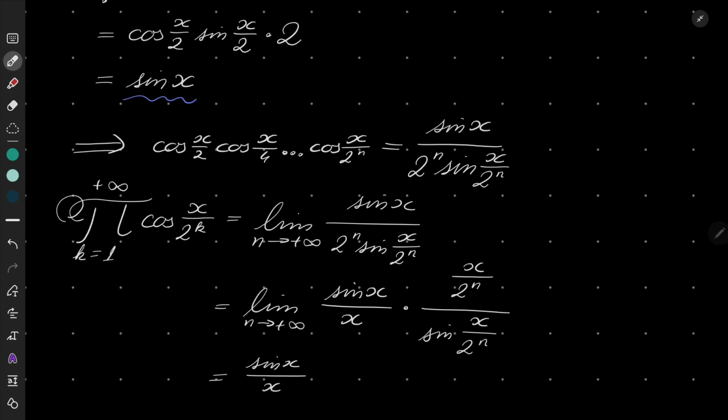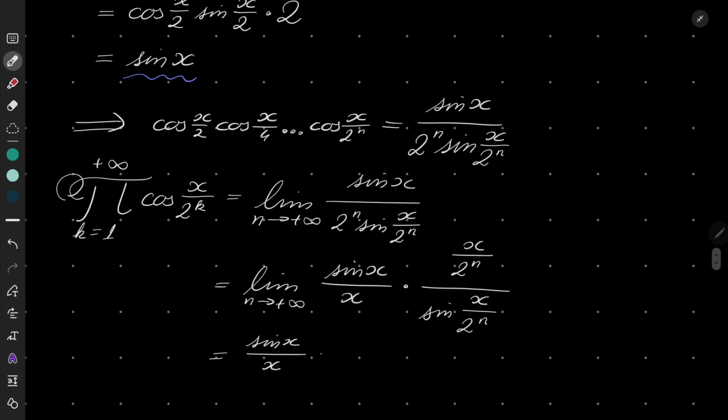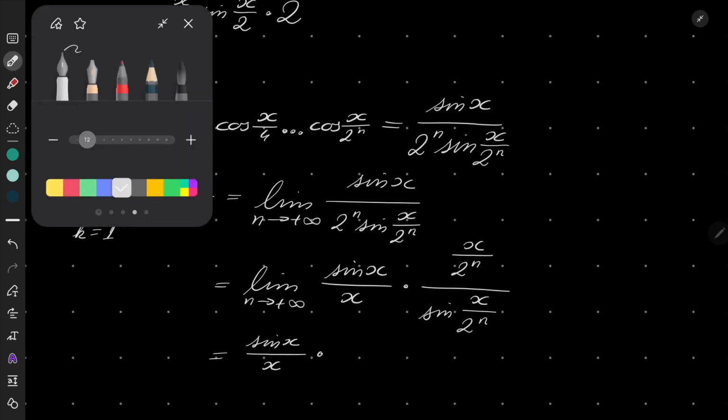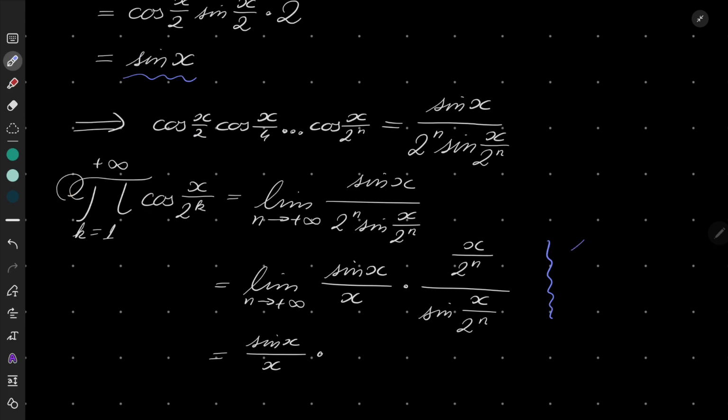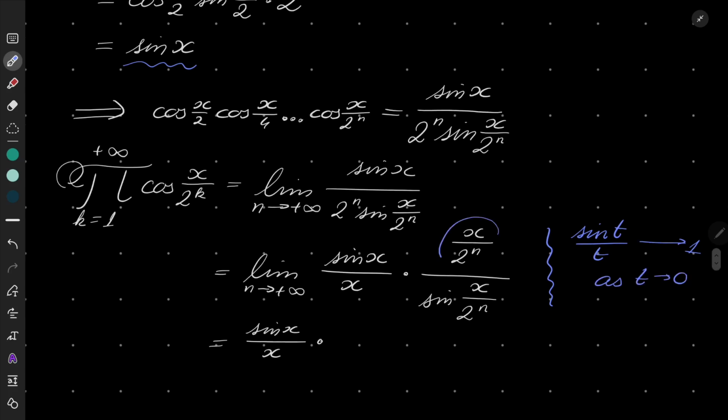It's not dependent on n. And what's the second part? Using this well-known fact that sine of t over t goes to 1 as t goes to 0, as n becomes large, x over 2 to the n goes to 0, so we have exactly something like alpha over sine of alpha, where alpha goes to 0. So the second part is just 1. So we get sine of x over x.